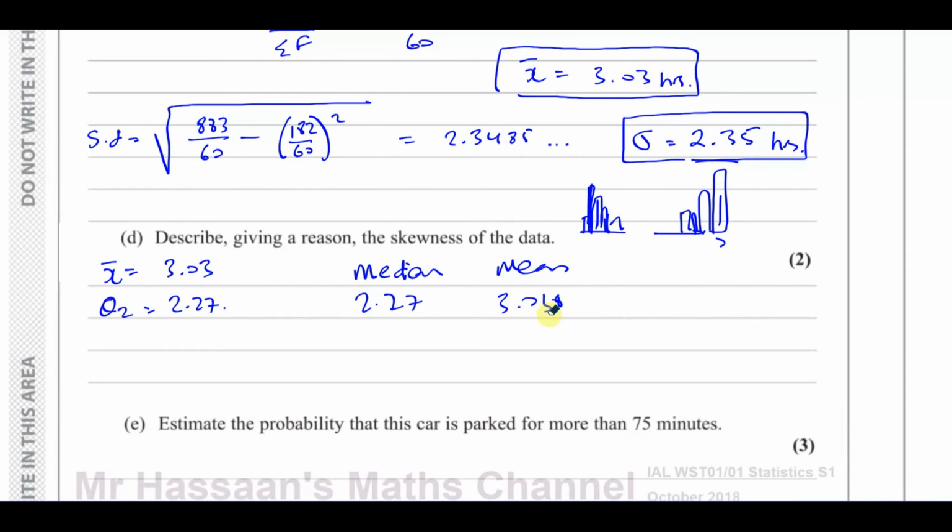The median is 2.27 and the mean is 3.03. So the median is less than the mean. Therefore, it's this type of skew, which is positive skew.